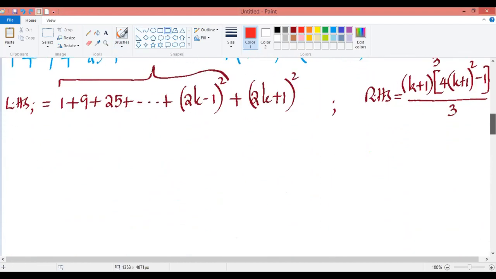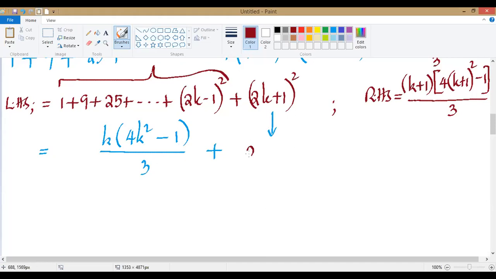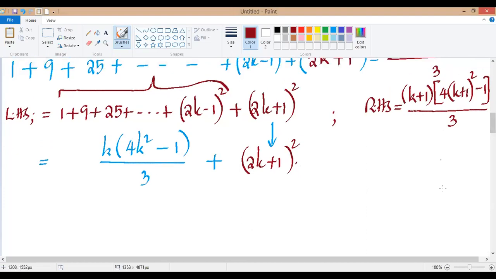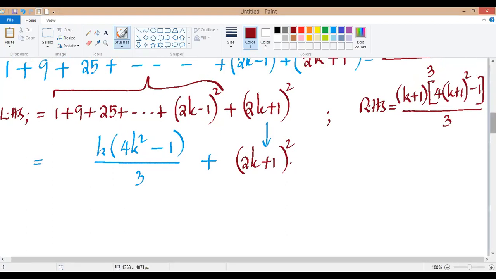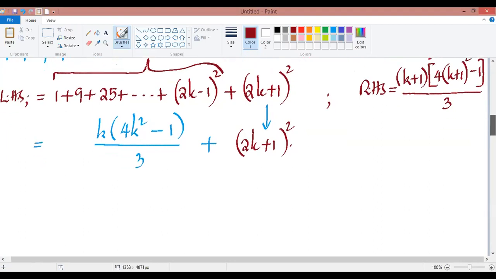So we are going to just substitute it here. We are adding on this quantity here, which is 2k plus 1 all squared. So simplify these two to arrive at the quantity on the right-hand side. We must achieve the right-hand side using those two on the left.